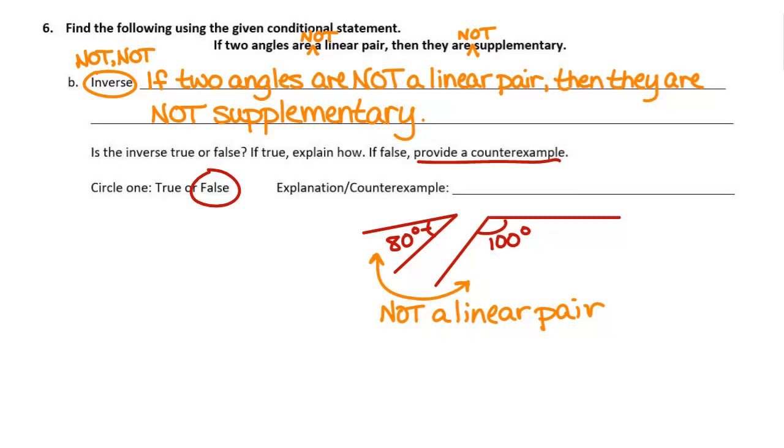I knew before we even wrote this one out that this was going to come out to be false, because the converse and the inverse will always have the same truth value. So if the converse is false, the inverse has to be false. If the converse is true, the inverse has to be true.